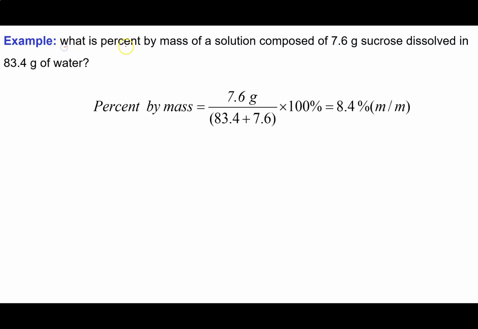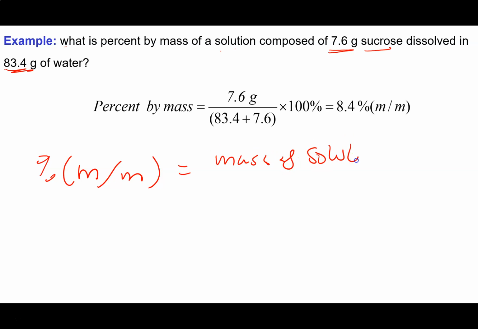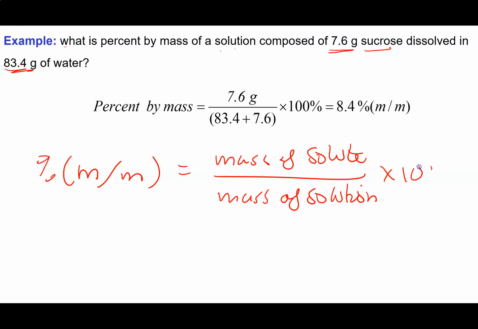So it says, what is the percent by mass of a solution composed of 7.6 grams of sucrose dissolved in 83.4 grams of water? Remember our formula for percent mass on mass. It is mass of solute, and the solute is the minor component, over the mass of the solution, which is the sum of both components, the solvent and the solute, and then you've got to times that by 100.